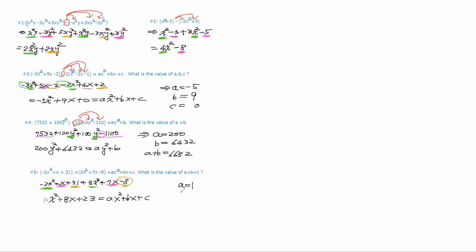And the b is equal to 8. And what is c? 23. So the problem asks to find a plus b plus c. So it's 1 plus 8 plus 23. So it will give you 32 here.